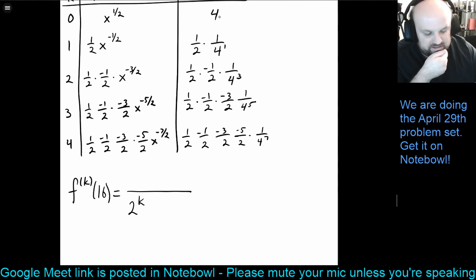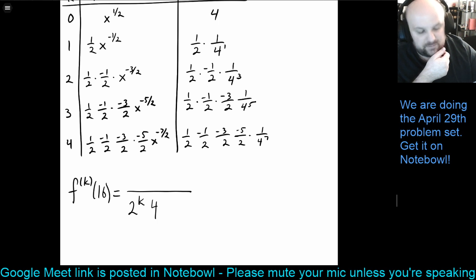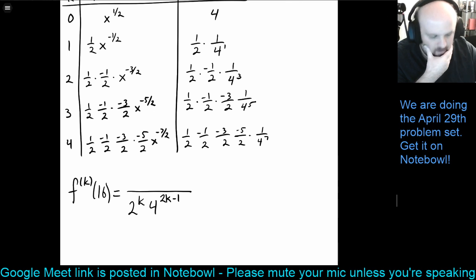And this is always going to be like 4. Here we have 4 to the 1, this is 4 to the negative 1, 4 to the negative 3. Or if we flip it over, this is 1 over 4 to the minus 1, 1 over 4 to the 1, 1 over 4 to the 3. So we really want 2k minus 1 here, and that'll take care of this denominator part.